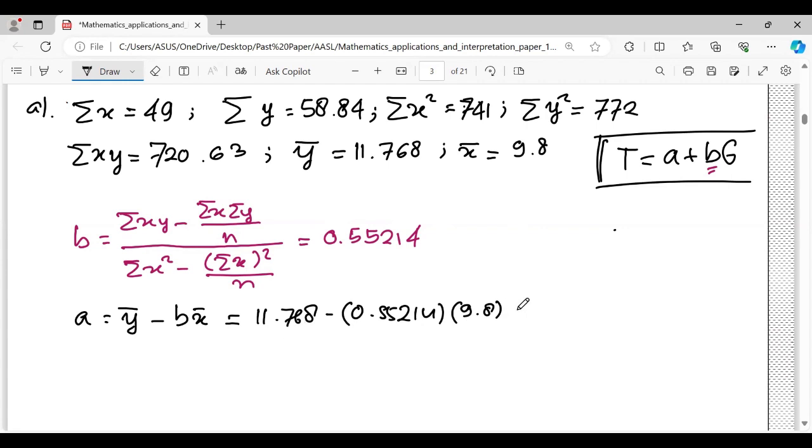Okay, and you will get the number 6.357028.